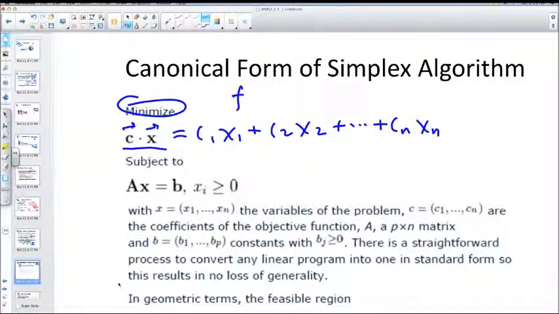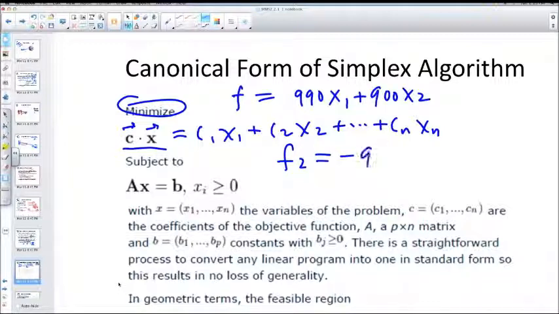So my f in the previous example equals 990x1 plus 900x2. Then you can minimize f2 equals negative of this. That's a quicker way to minimize. Second, you write your constraints into a list of equations. Then you say, oh, I have an inequality.